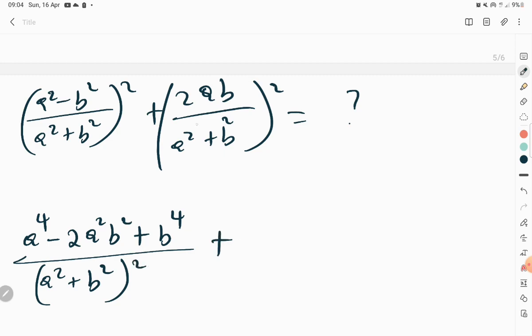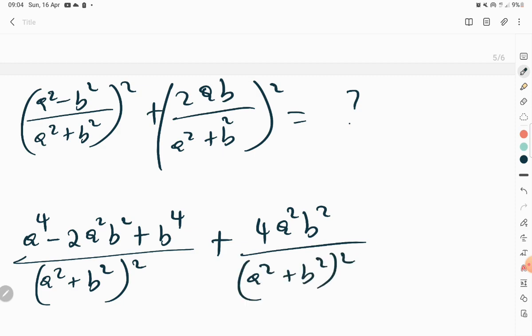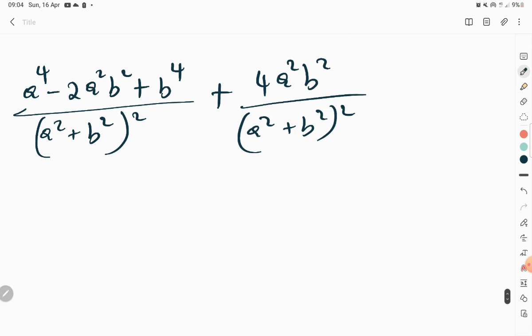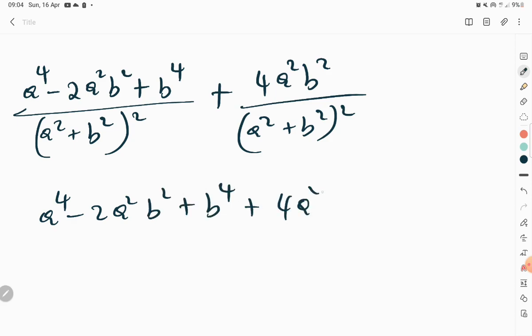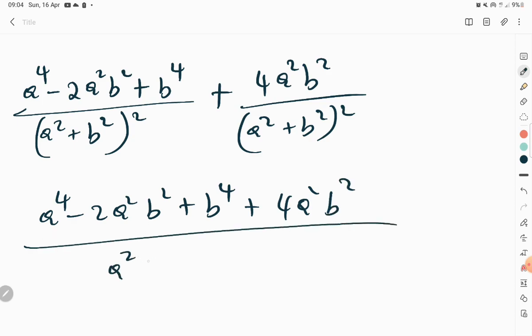Then on the other side we have 4a squared b squared divided by a squared plus b squared all raised to 2. Since the denominators are the same, we can just add the numerators: a to the fourth, minus 2a squared b squared, plus b to the fourth, then plus 4a squared b squared, all divided by a squared plus b squared all squared.